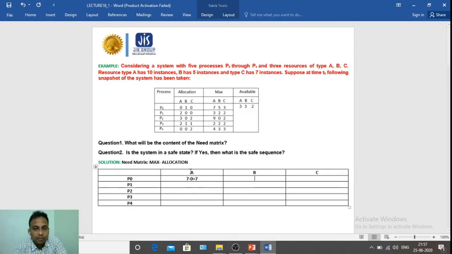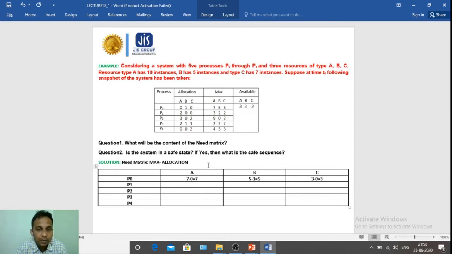For B it will be 5 minus 1... equals 5. And in case of C it will be 3 minus 0, it will be 3. Next come to the P1.